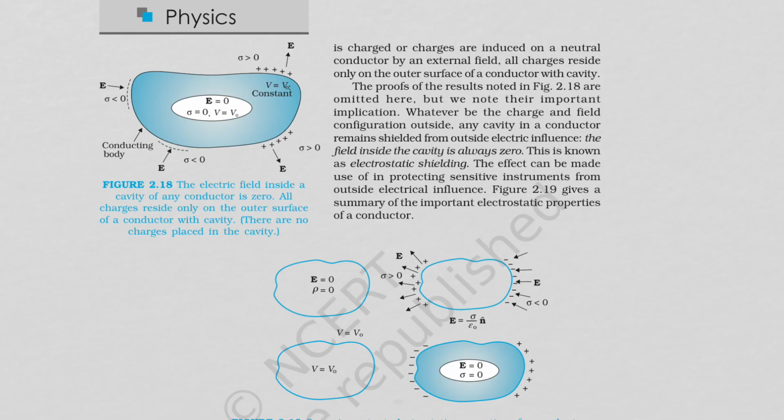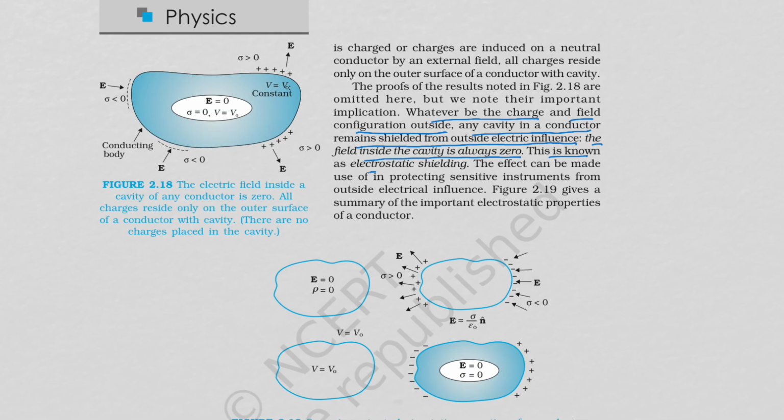This is very much applied in electronics and telecommunication and in many other fields. Whatever be the charge and field configuration outside, any cavity in a conductor remains shielded from outside electric influence. The field inside the cavity is always 0.